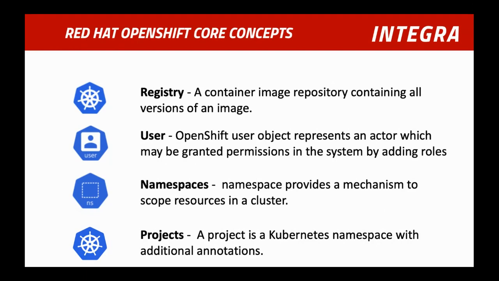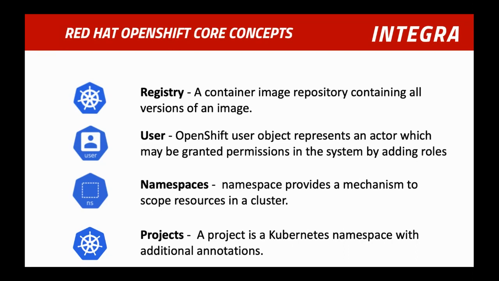Another important component is a user. A user is something that interacts with the OpenShift API. It is granted permission using something called roles. Next, we have namespaces and projects. Now, a namespace is an isolated scope, and basically a namespace is a Kubernetes construct, while a project is an OpenShift construct.